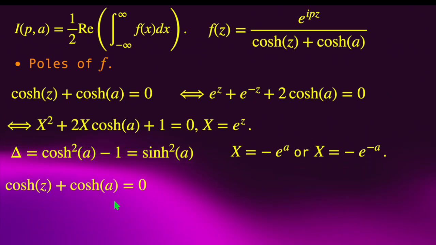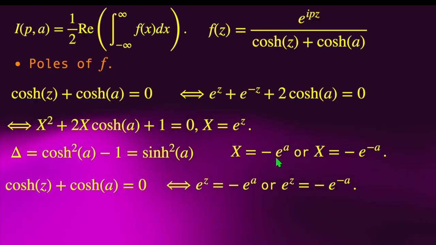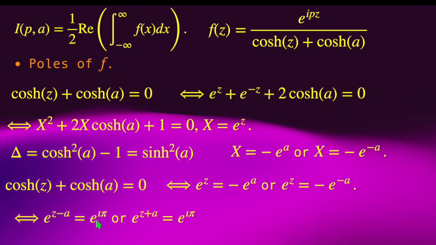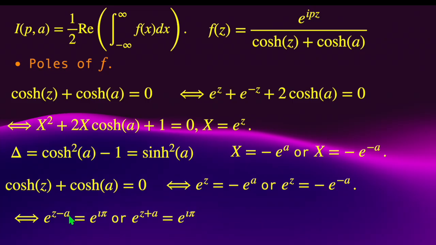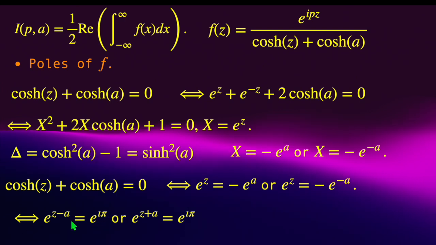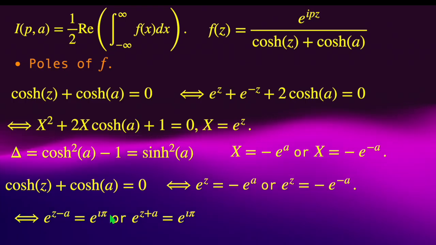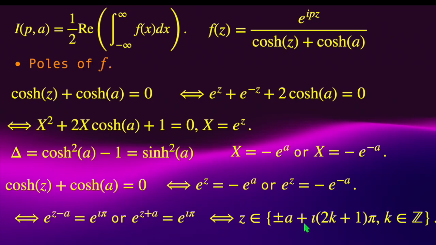Now we have that z is a pole if and only if e to the z equals this one or e to the z equals this one, and we transform these two equations by writing that minus 1 is e to the i pi, and now z minus a equals i pi. This means that z minus a is equal to i pi plus 2k pi, and we get the poles. So we have the set of poles of f.